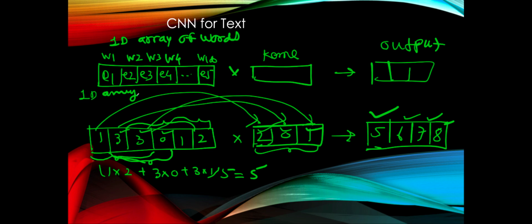Just like in images, the CNN hierarchically learns to detect edges in the images. Also, it learns to detect higher level objects like the parts of the face and then the face. In case of text, it learns the relationship between the words, right?